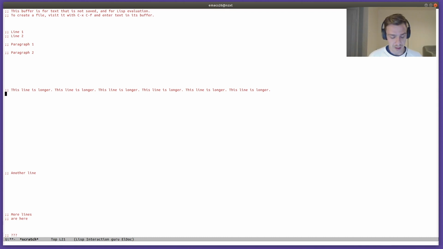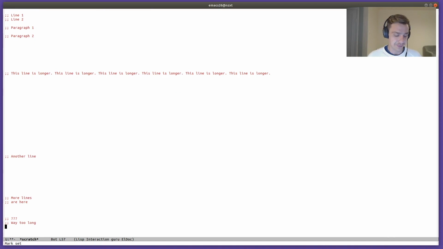We have to use Meta angle brace left or right. The left brace goes up, the right brace goes down. So Meta left angle brace goes to the beginning of the buffer, and Meta right angle brace goes to the end of it.